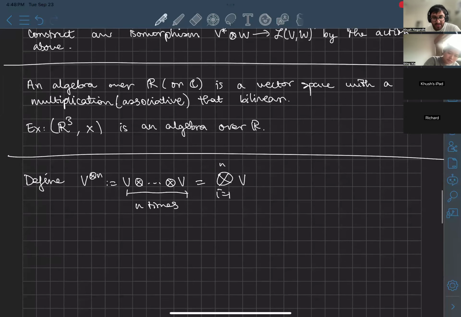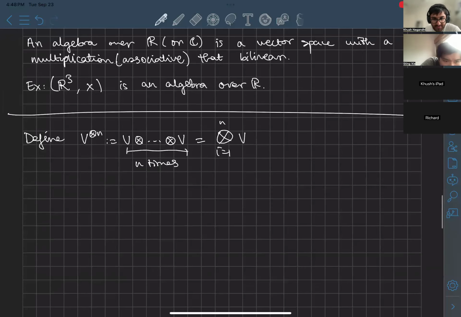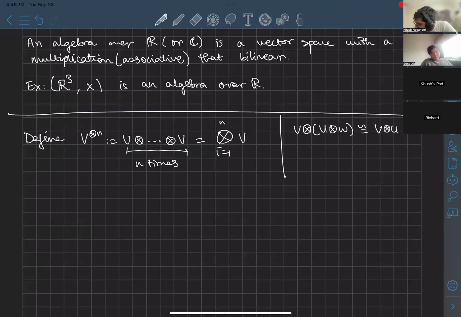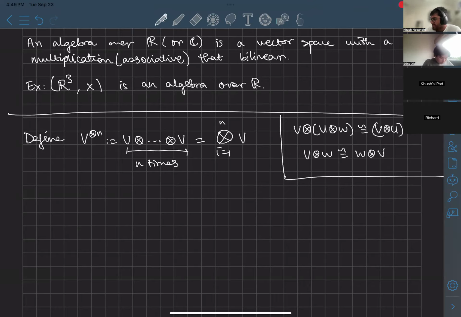The order doesn't really matter that much because the tensor product is associative. What I mean by that is (V tensor U) tensor W is isomorphic to V tensor (U tensor W), and also V tensor W is isomorphic to W tensor V. I feel like the isomorphisms are pretty obvious once you know what you're looking for, but if you want, you can check this.